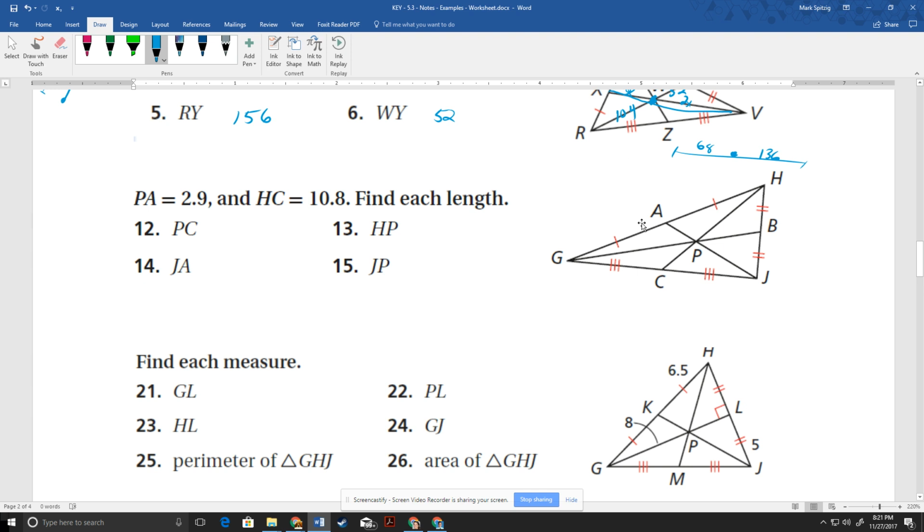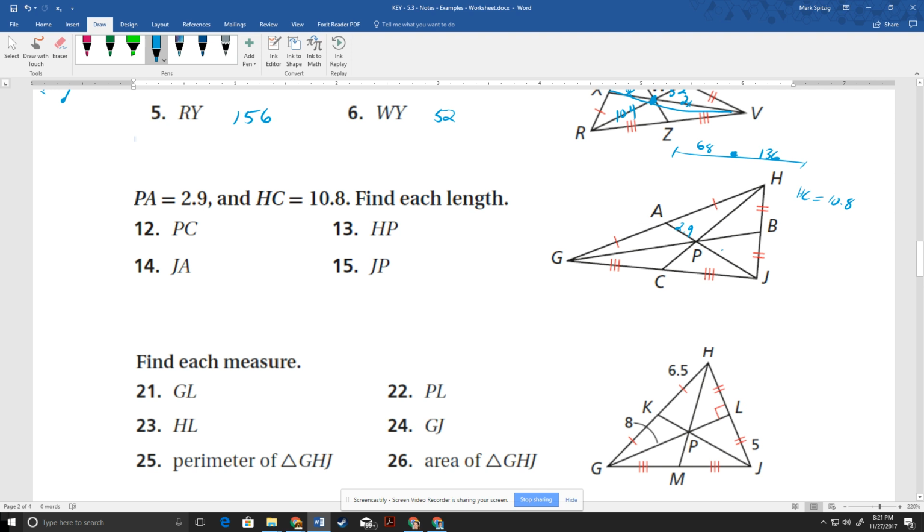All right, so we're going to keep on doing that for a while now. So we have PA is 2.9, and we have HC, the whole thing is 10.8. Okay, so find each length. So I'll just find the ones that I can and see if they work. So this is 2.9, right?